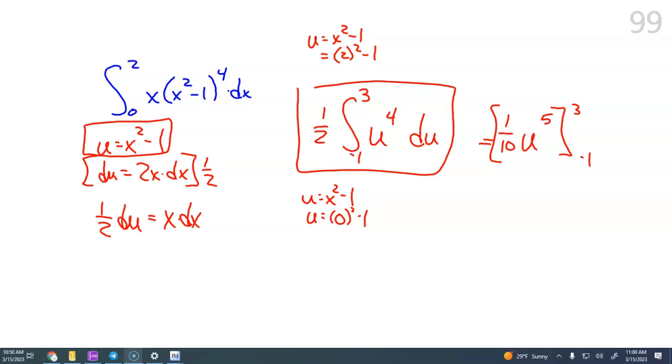Plug in the top minus plug in the bottom. So it would be 1/10 times 3 to the 5th minus 1/10 times negative 1 to the 5th. And I don't really care what that is. I just want to show you how to change the numbers. Does that make sense what I did there?